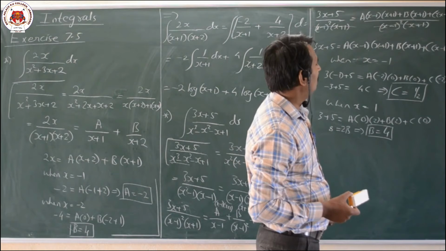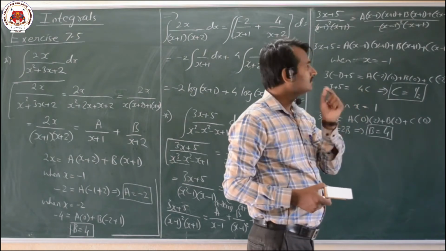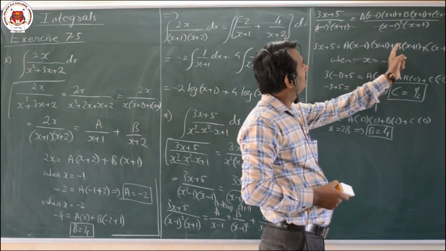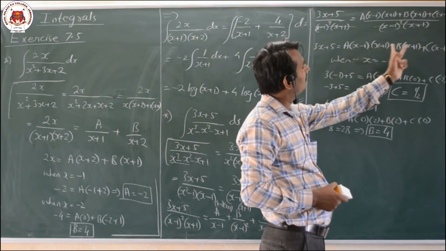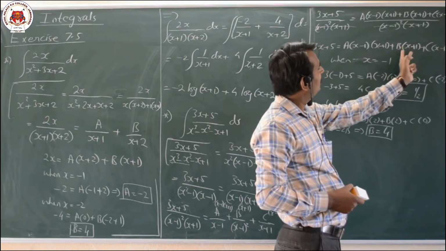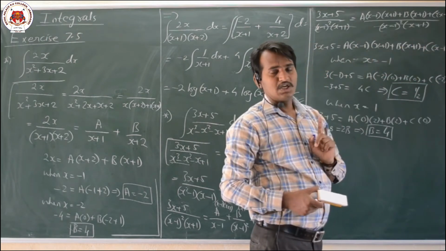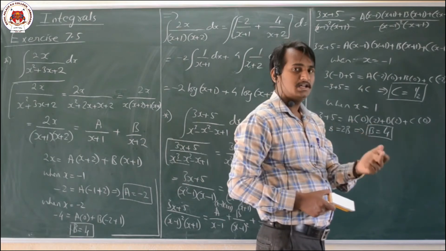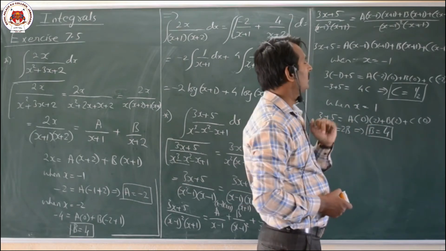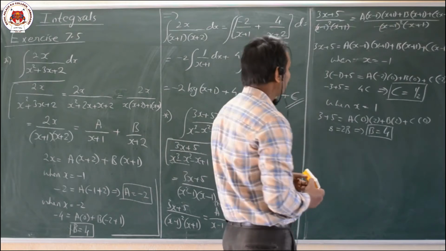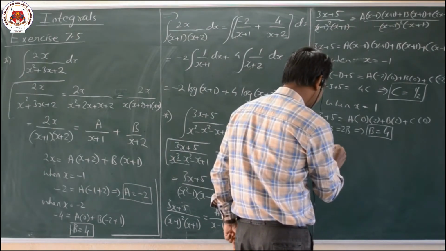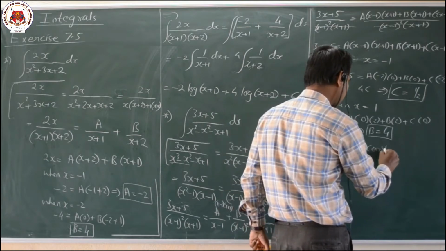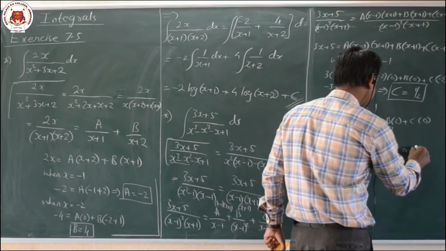We can substitute values, or we can compare the coefficients, the coefficient of x or the coefficient of x², or compare the constants. Now if I compare the constants on both sides.